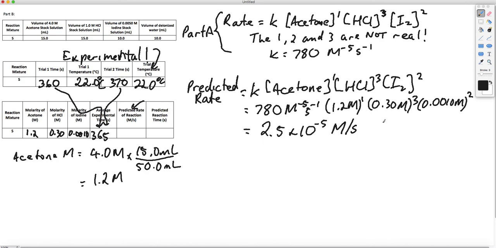That's what we're actually trying to predict. Now this is a little bit complicated because it's a bit confusing. We've got this other time that we're going to come up with, but we know what the predicted rate is. The predicted rate is actually linked to the disappearance of the iodine. So it's the change in concentration of iodine over the time, but the key here is the predicted time.